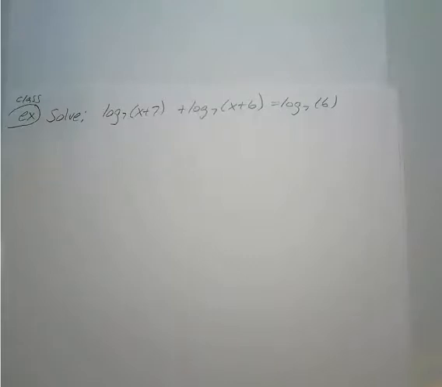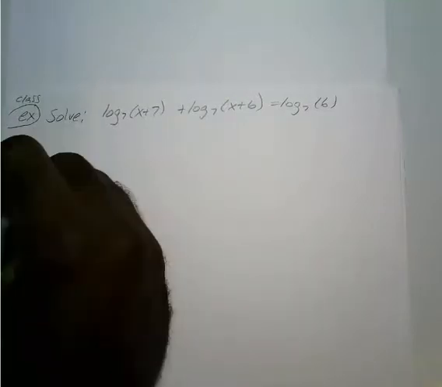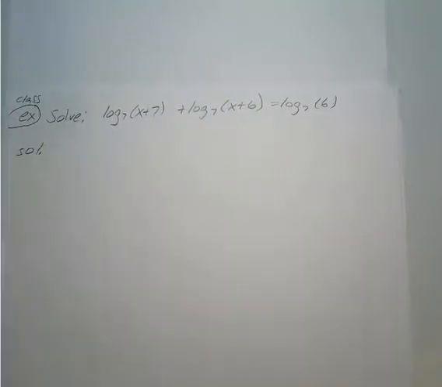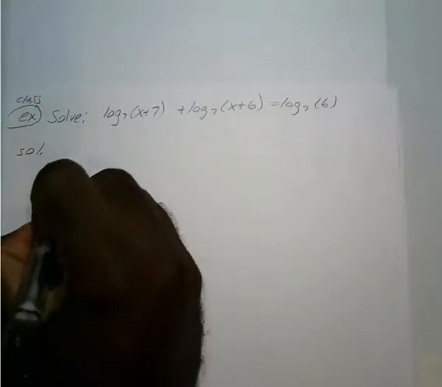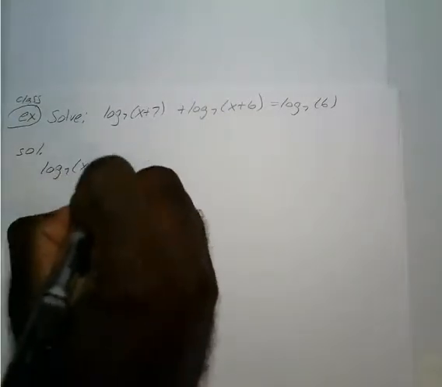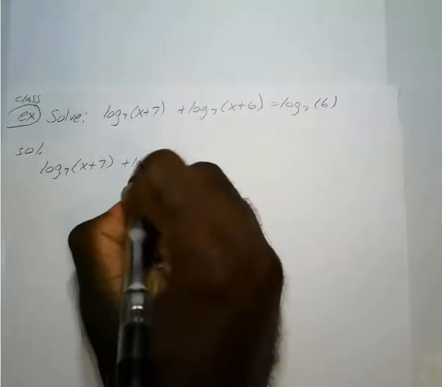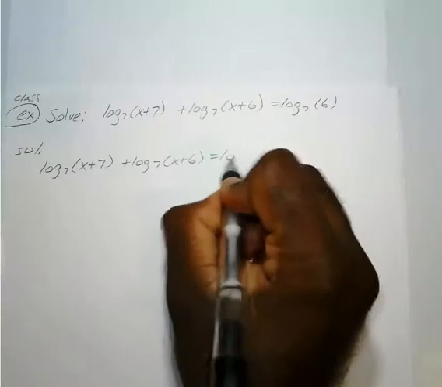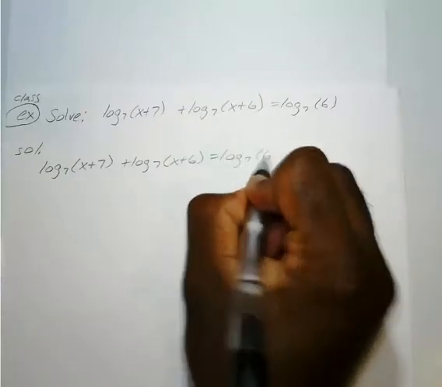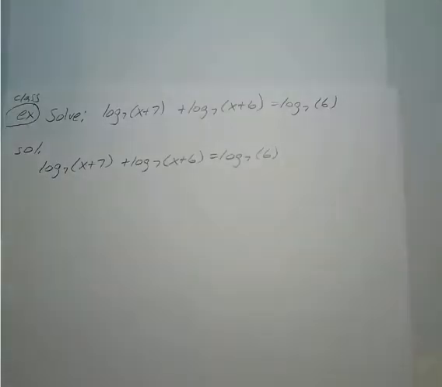All right, so I'm assuming you've already pressed pause and worked this one out. So let's go ahead and verify your answer. Okay, so we have log base 7 of x plus 7 plus log base 7 of x plus 6 equals log base 7 of 6, which I'm just rewriting.